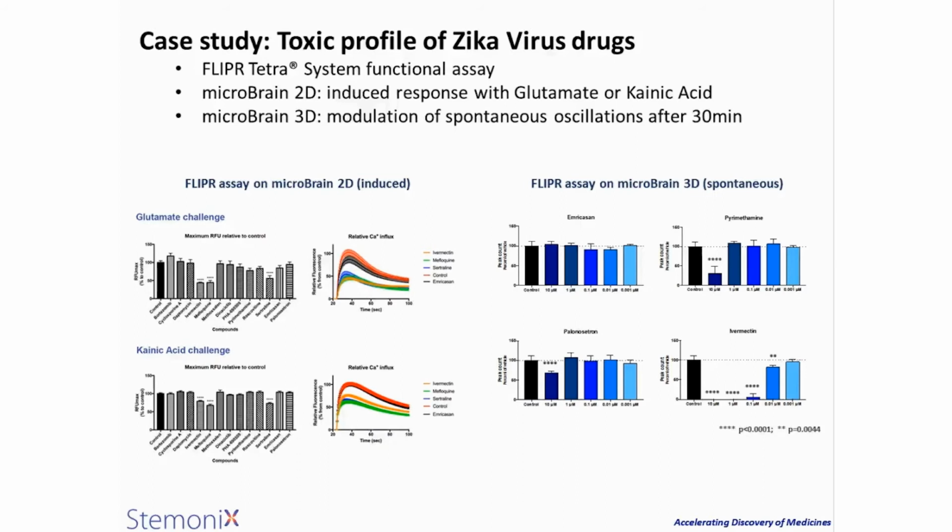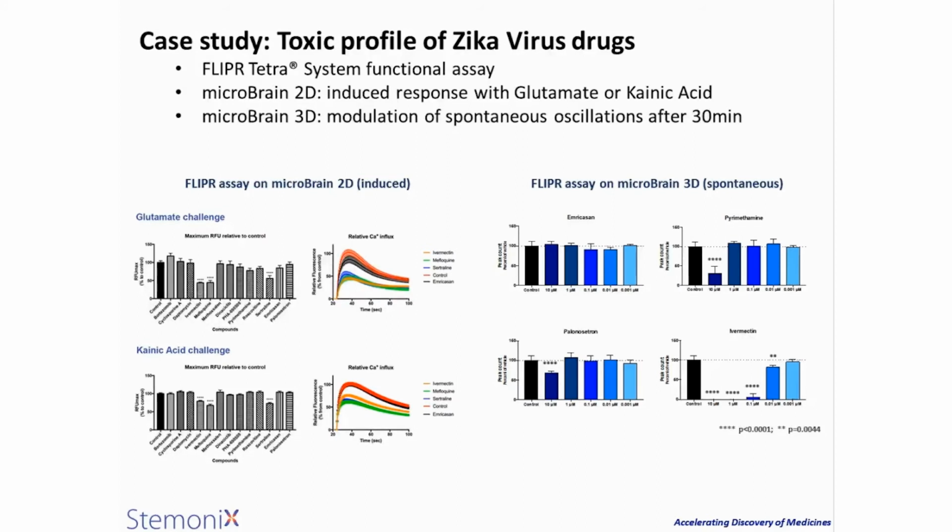The difference between the 2D and 3D, the way that we do it, is that usually when we use the microBrain 2D, you induce a response with a glutamatergic agonist. So you induce that artificial response with compounds that will stimulate the cells. In this case, they're using glutamate itself or kainic acid.